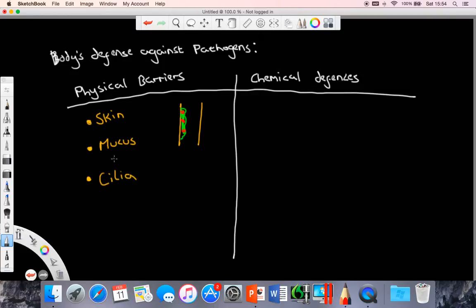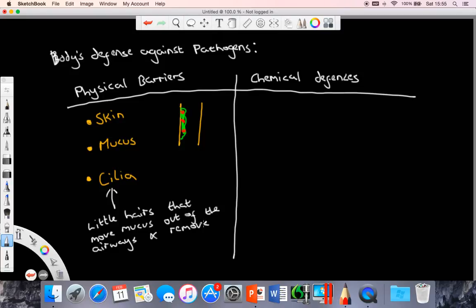Now, cilia are little hairs that move mucus out of the airway and remove pathogens in the process.